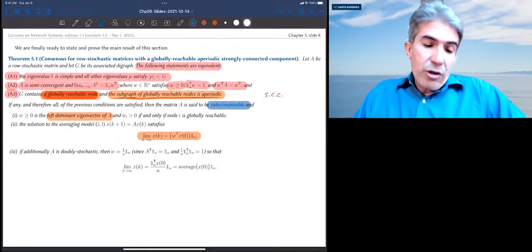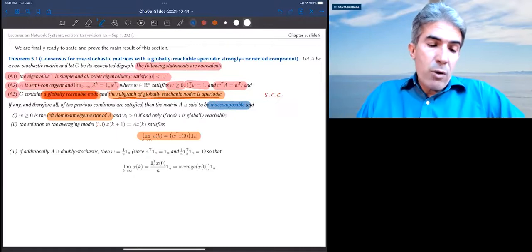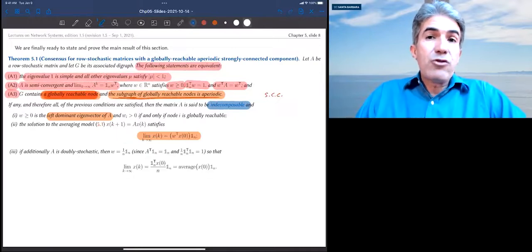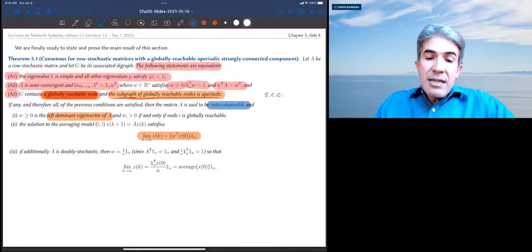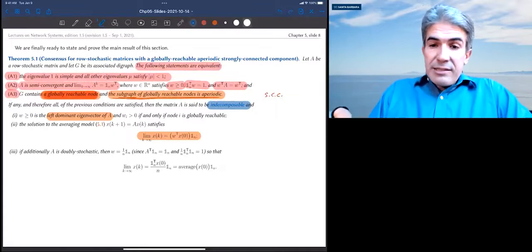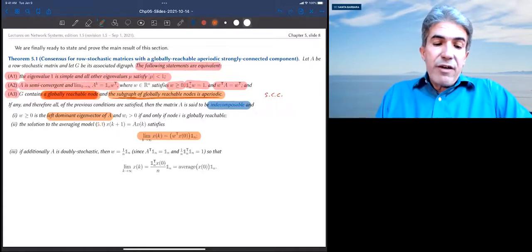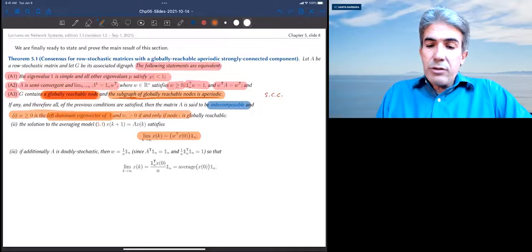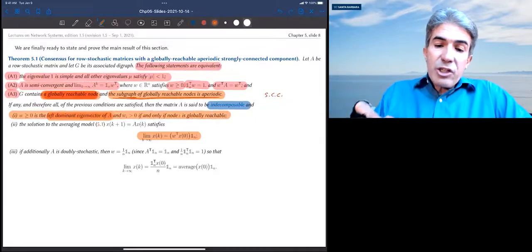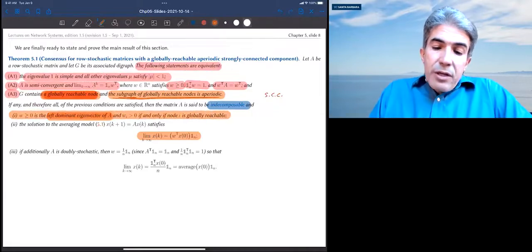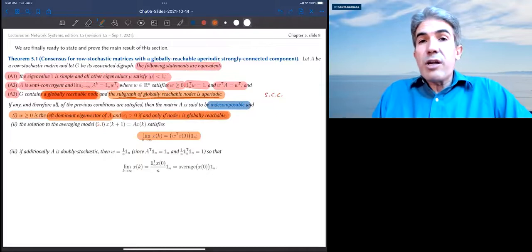So if any of the three conditions A1, A2, A3 holds, then the matrix A is said to be indecomposable, and its left dominant eigenvector exists, and it has a special property. The property is that the entries of the eigenvector which are positive are precisely those corresponding to nodes that are globally reachable. So that's very interesting.